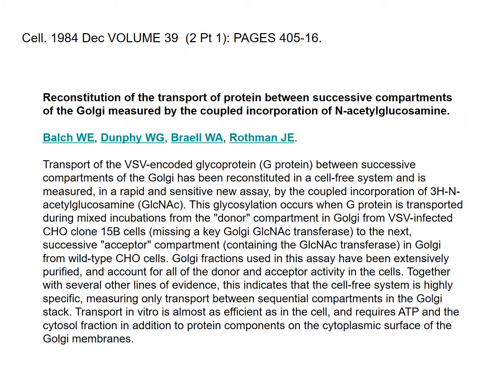He was the first one to start going beyond transcription and translation and was actually looking at movement of proteins through the Golgi stacks. And he did it by taking and labeling a sugar that's involved, and we'll talk about the sugar, N-acetylglucosamine, which is abbreviated NAG.